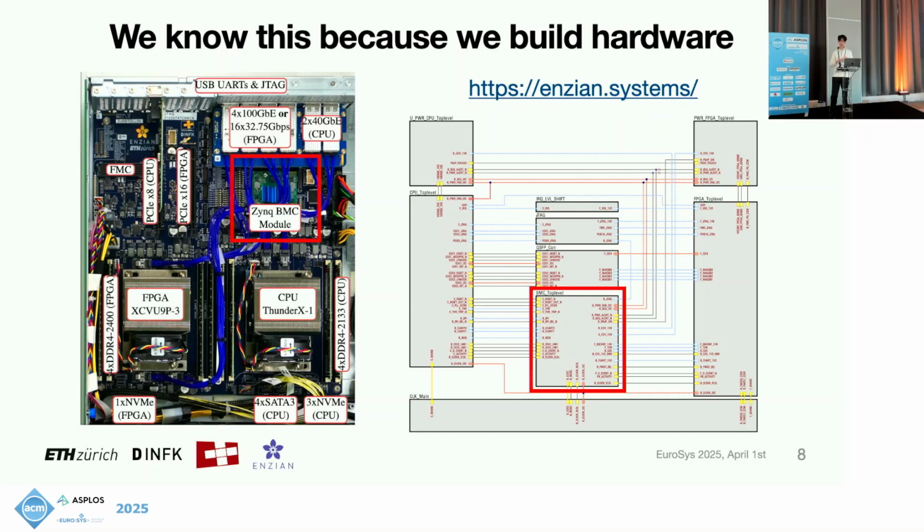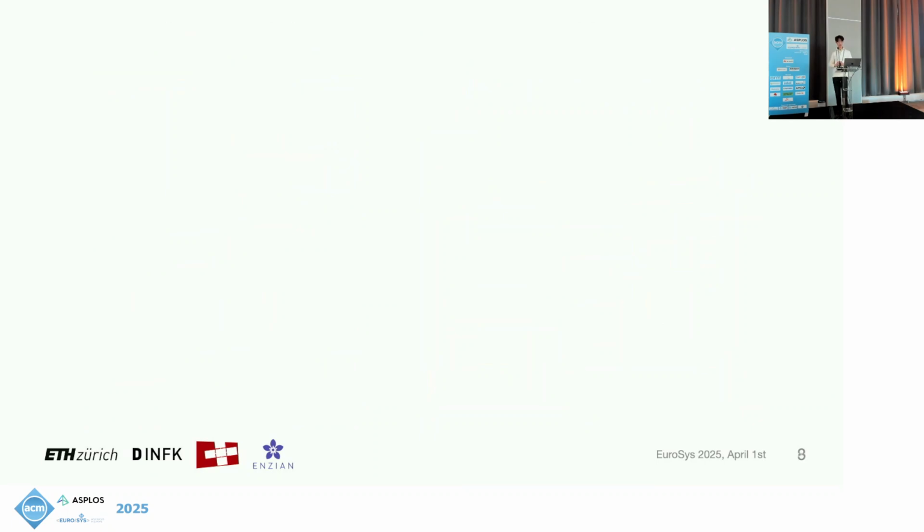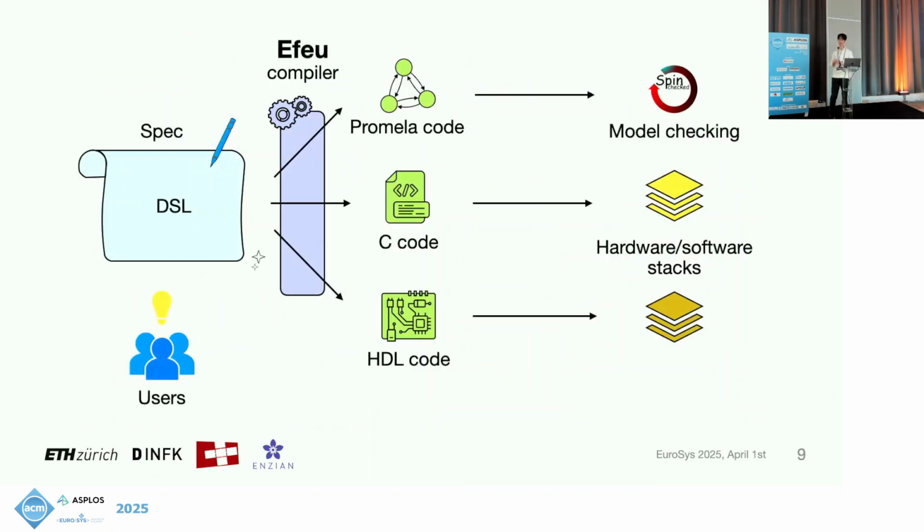This situation and the inability of existing device drivers motivated us to take a step back, sit down, and try to specify what the drivers should do and what the device expects, try to verify them, and finally try to get some useful driver code from that. Toward that goal, we developed Efeu, a framework to generate efficient, verified hybrid hardware-software drivers for I2C devices.